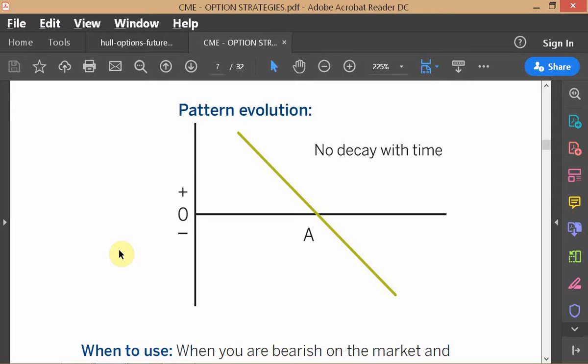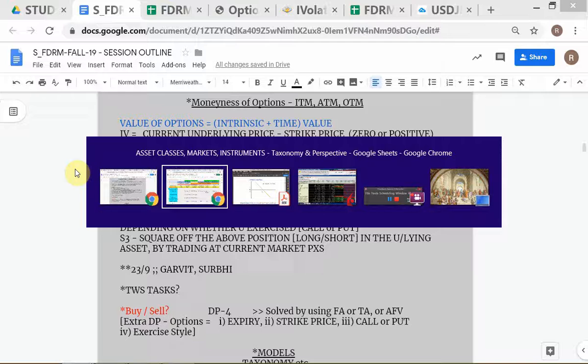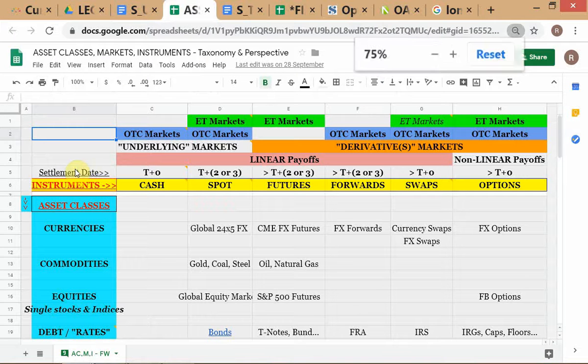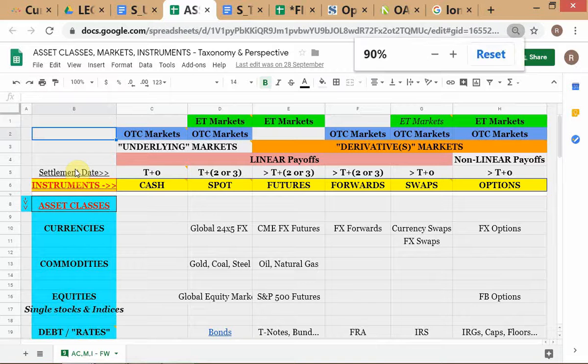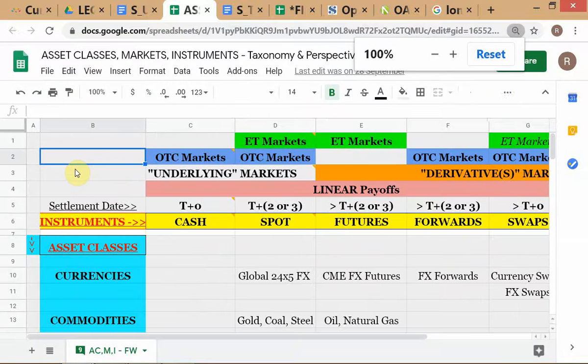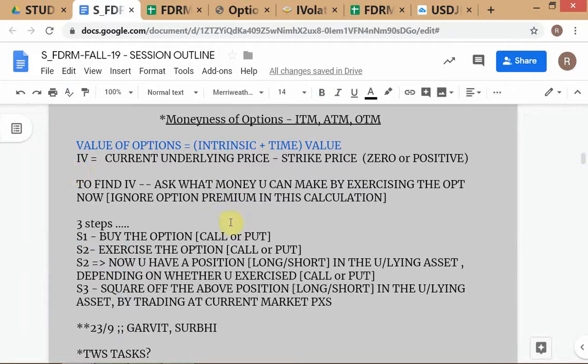Is this clear? So another concept that you learn, and it is made so easy for you. Now we can go back, we can make this bigger. It's at 100%. It's made so easy for you.